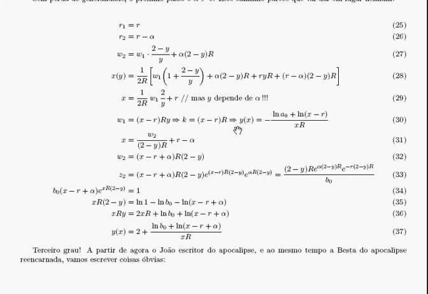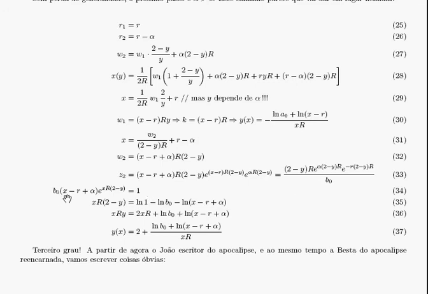W1 is appeared, x is minus alpha, W2 with alpha, Z2 is W exponential of W, and here is the monster.